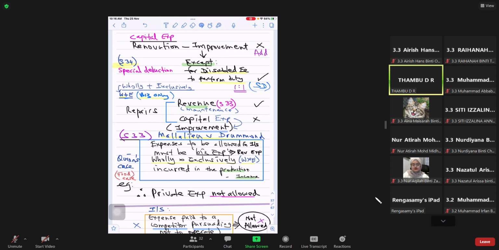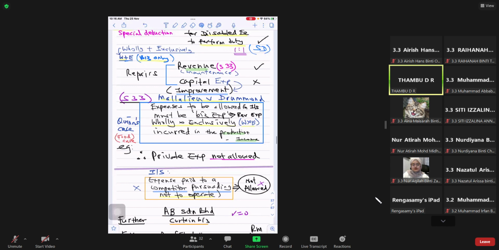So the word repair can be a maintenance, can be capital. Maintenance is to maintain the original standard. Repair will be a capital expenditure if it has an element of improvement. The word improvement means improving the performance of the asset beyond the original standard.